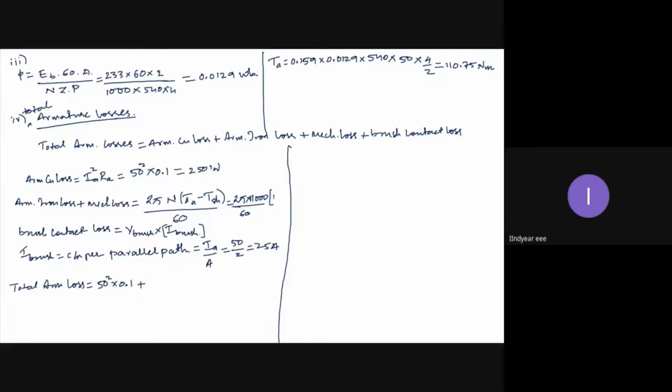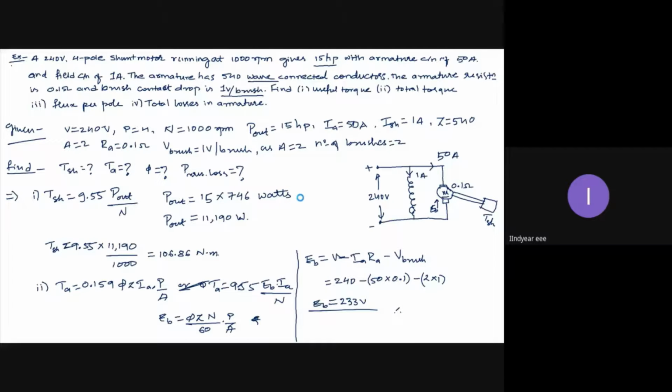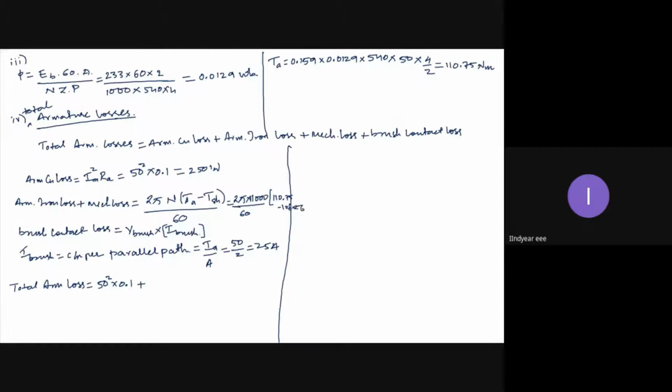So here I can write 110.75 minus 106.86. Okay.